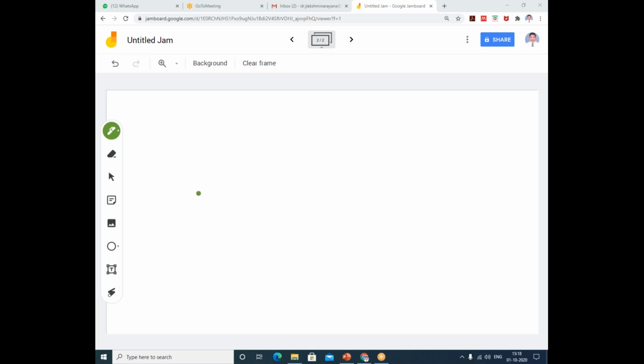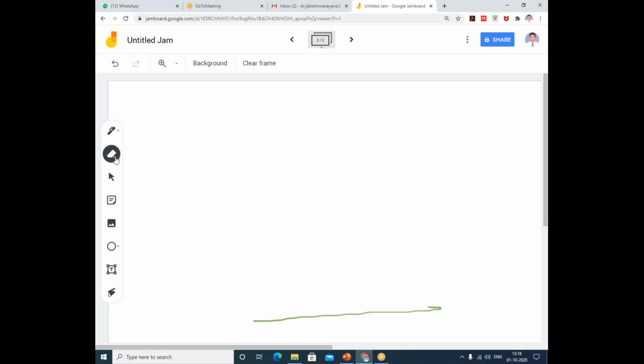Now I am drawing some waveform like this. Now I'm going to draw some waveform like this. Now observe it.